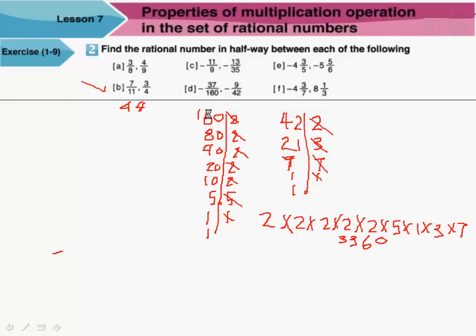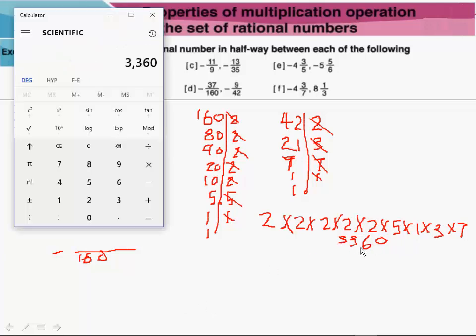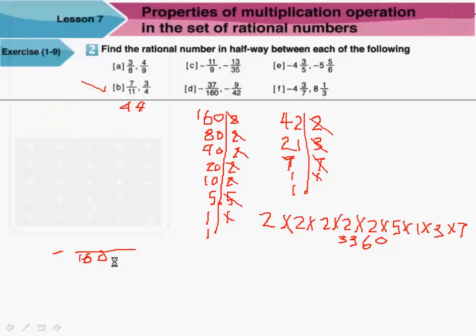Okay, so this one will be 160. Multiply by which number to give this one? Also use the calculator. You divide this one by 160, so this one must be multiplied by 21. Also the numerator must be multiplied by 21. The other is 42.